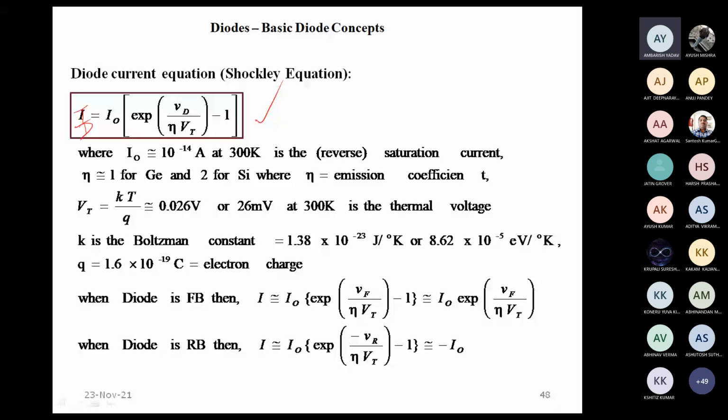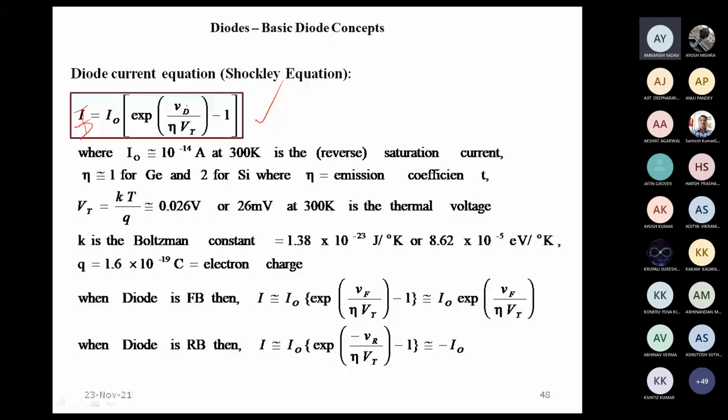We don't have derivations of these. Mostly it is an empirical equation which tries to fit the IV characteristic of the PN junction diode.